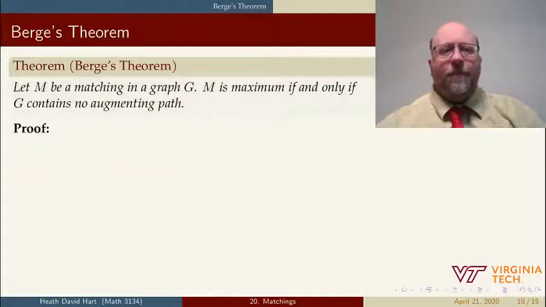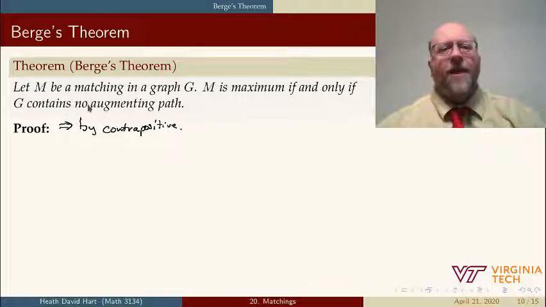So let's look at the proof. There are two directions here. This direction is easy. We're going to prove this direction by contrapositive. Which means we're going to suppose the negation of this, assume G has an augmenting path.